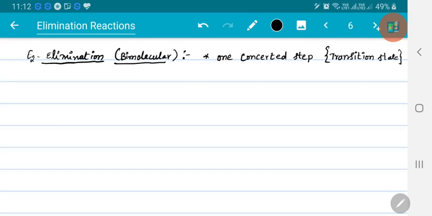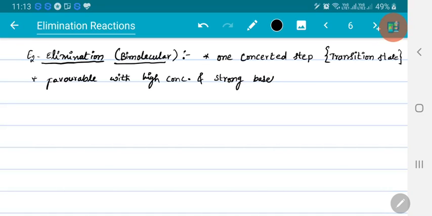But in the E2 mechanism, abstraction of hydrogen should occur first. And therefore, these E2 reactions are favorable with a high concentration, and of course strong base.